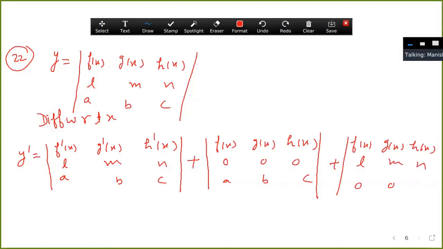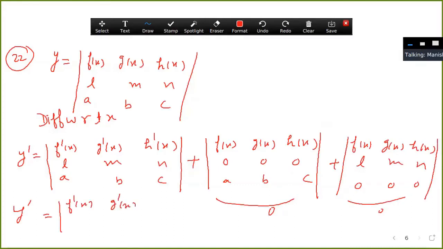In the third row, all constants are given, derivative is 0. So if any row has all elements 0, it means the value of that determinant will be equal to 0. So then y dash will be equal to f dash x, g dash x, h dash x in the first row, and l, m, n, a, b, c in the last rows.